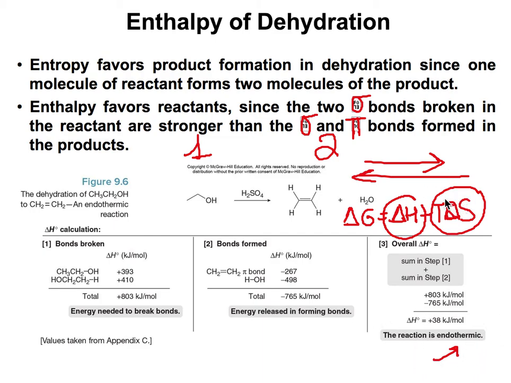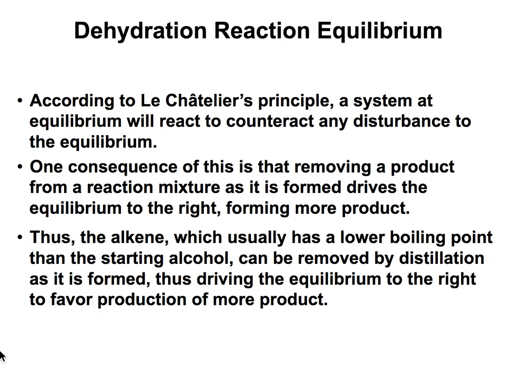So the only way to increase this term and make delta G negative, so the reaction moves towards the products, is by increasing the temperature. If we increase the temperature, the reaction is going to move towards the right. Also, if you remember Le Chatelier, as more product is being formed, the reaction will move forward.